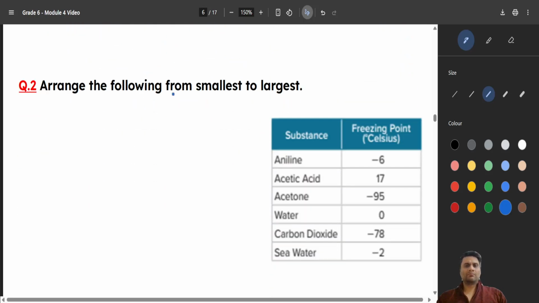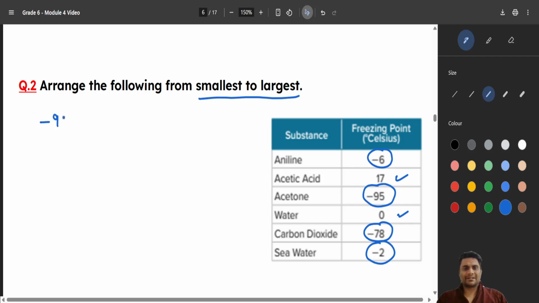Arrange the following from smallest to largest. Now we already know that negative numbers are smaller than positive numbers. So here we have how many negative numbers? Four negative numbers, right? So let us first arrange these negative numbers, then we will go to the positive number and 0. So in the four negative numbers, which one is the biggest here? See, 95 looks the biggest, which means it is the smallest one. So first of all I will write -95, which will be the smallest among all.